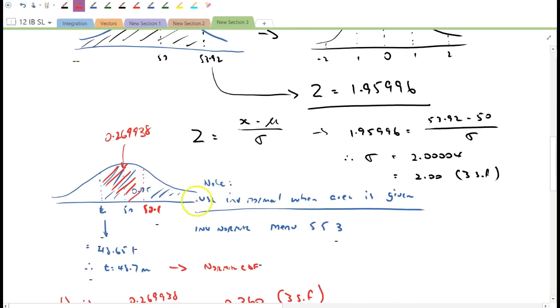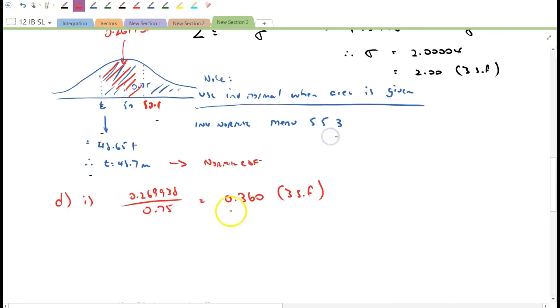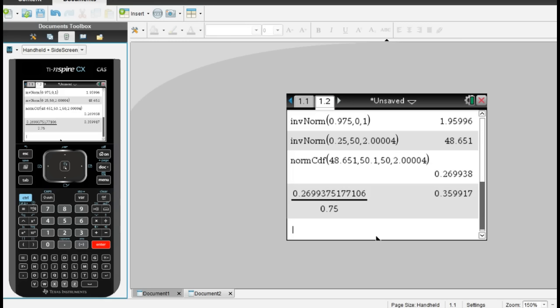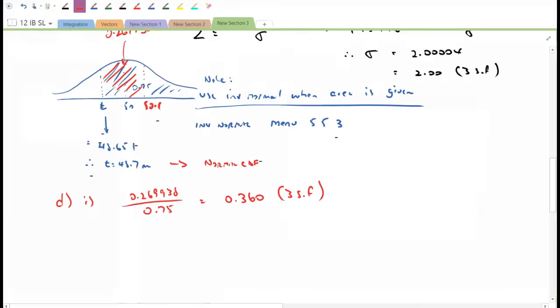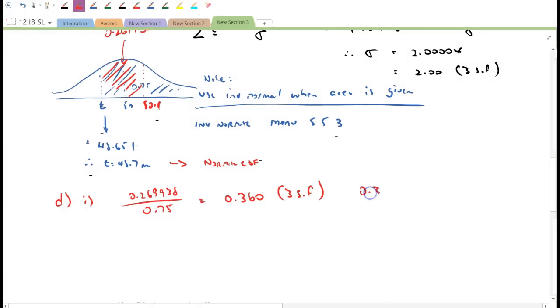The probability that it will be less than 50.1 we've just worked out is 0.359917, by the calculator. So that's the probability of success.